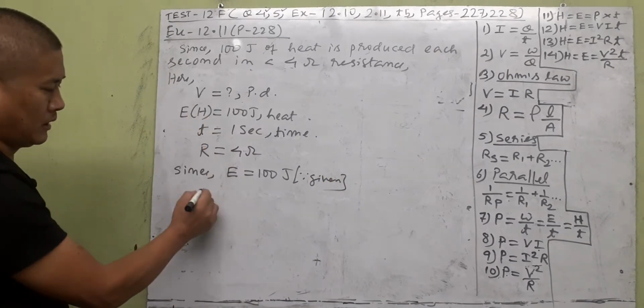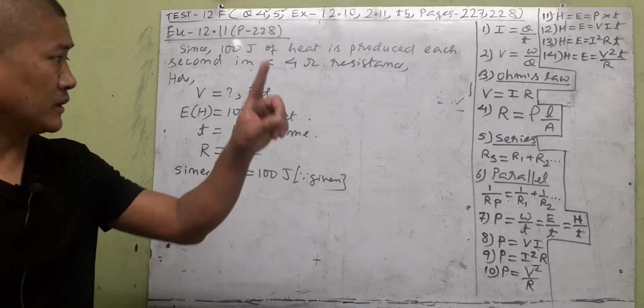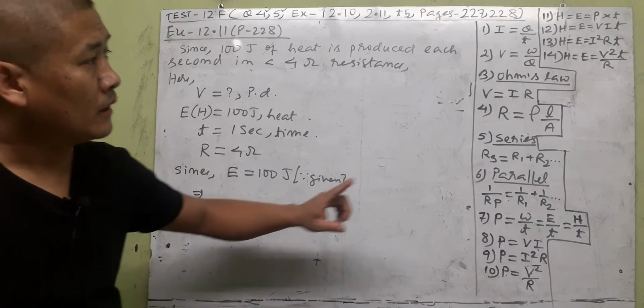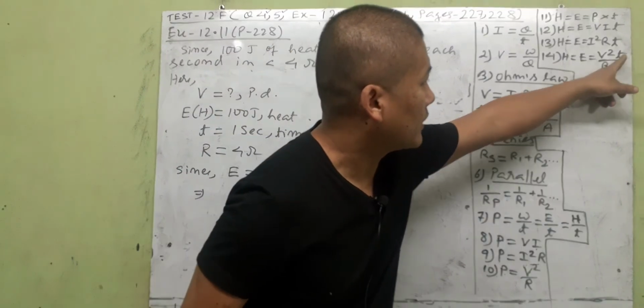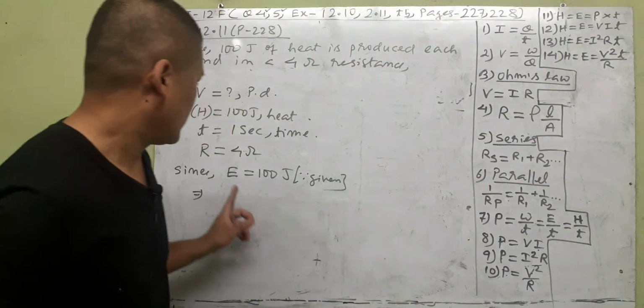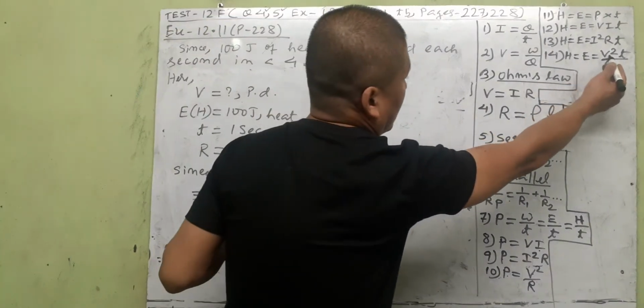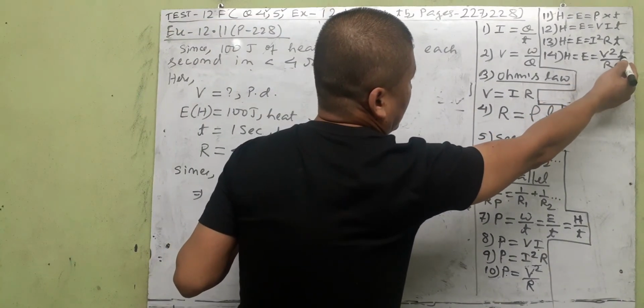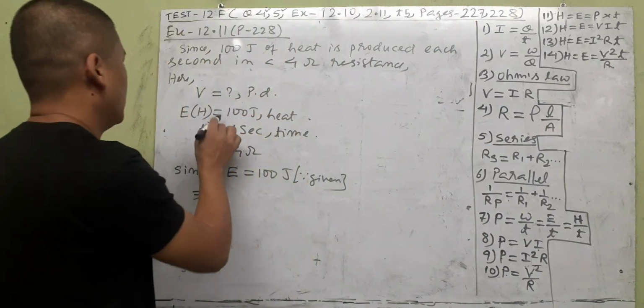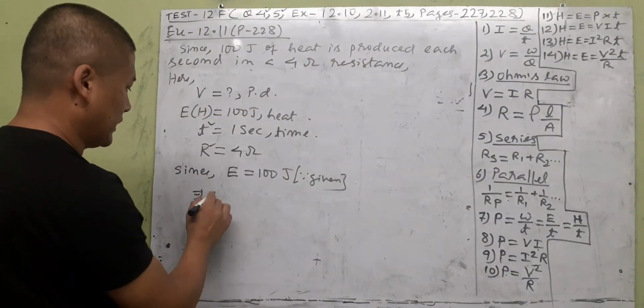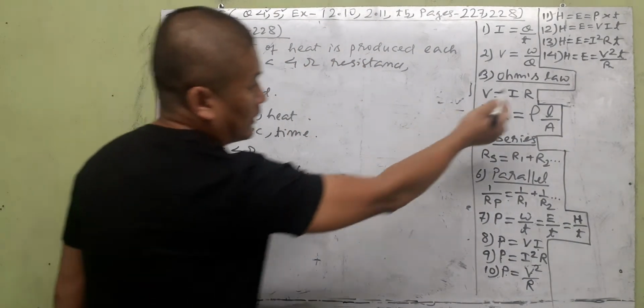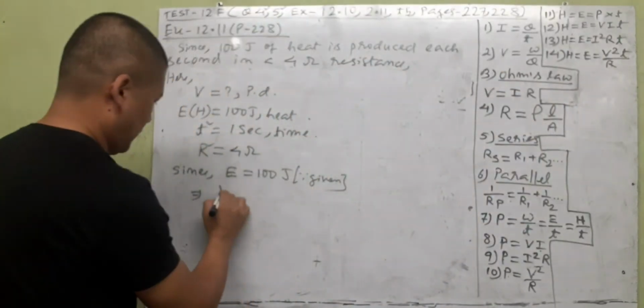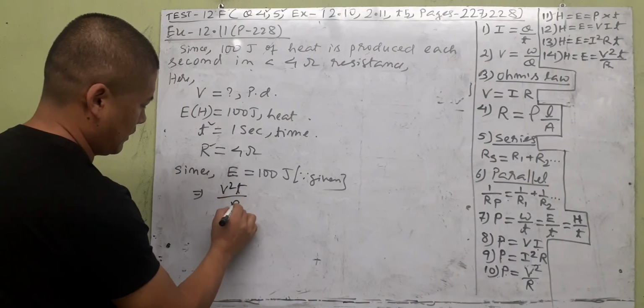Then look at the formula for E which matches our purpose to find V. If you use V squared T by R in place of E, then V we have to find, and T and R are already there. So we can use that formula number 14.